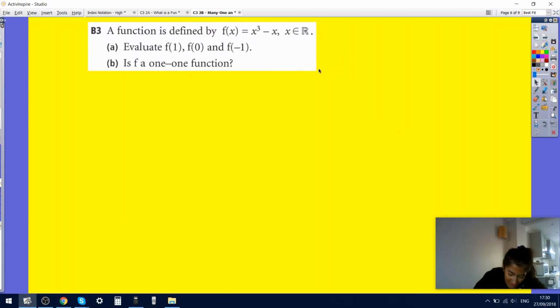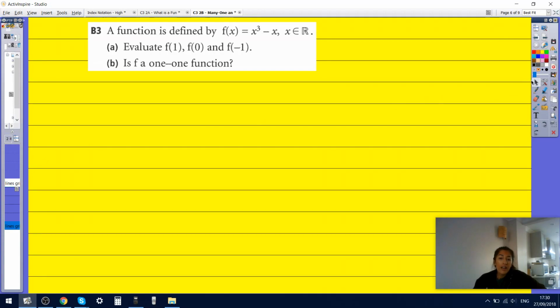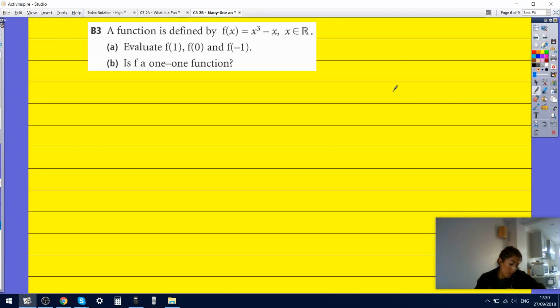Okay, let's try this one. So just find out what it looks like. Okay, so the graph looks like... you might not need the graph.